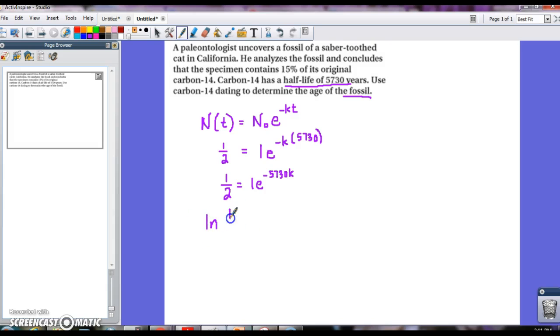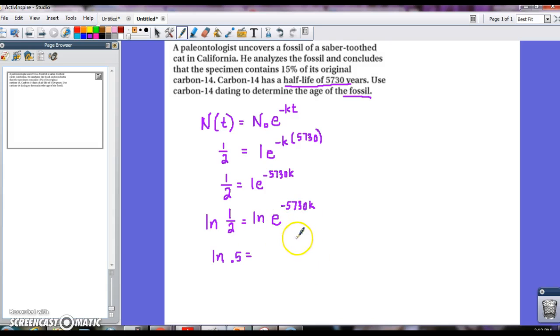So I have ln of 1/2 is equal to ln of e to the negative 5730k. Remember, this is 1, so I don't really need to write it. This side I can rewrite as ln of 0.5, since 1/2 is just 0.5.